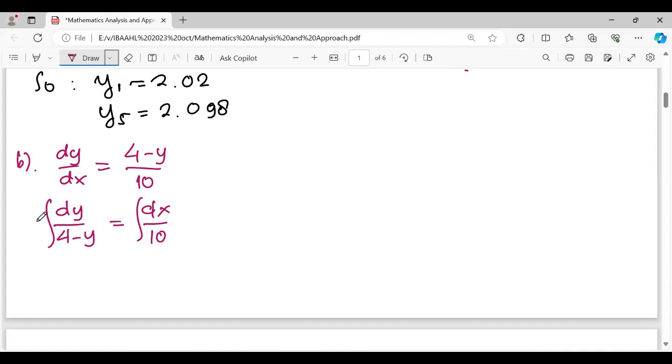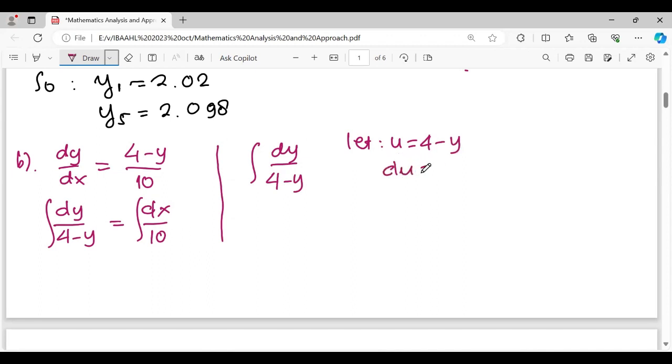I'm going to find the solutions of this integral, dy over (4 minus y), with substitution u equals 4 minus y.